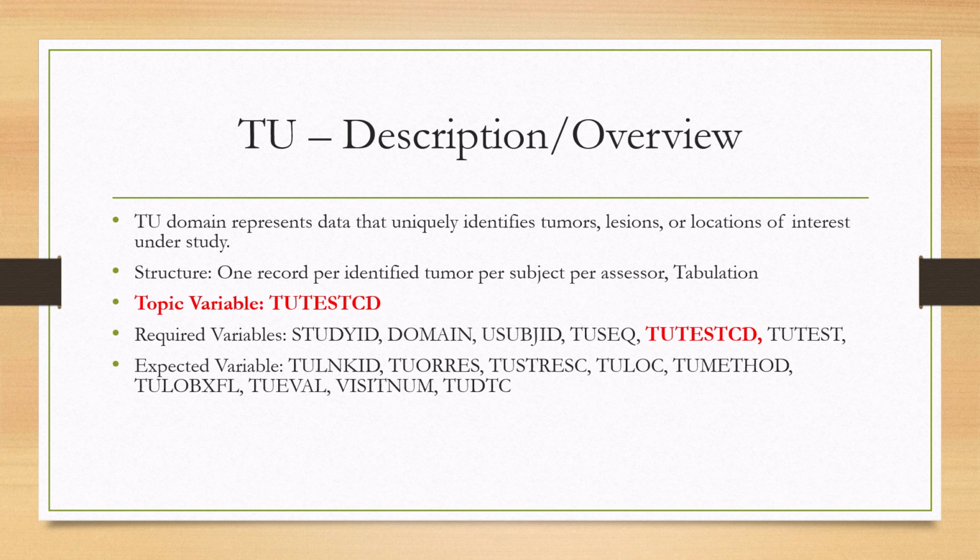Then we have the evaluator, VISITNUM, and the TUDTC variables as the expected variables. There is a long list of permissible variables, a few of which are mentioned here: TUGRPID, TUREFID, TUSPID, TULNKGRP, TUNAM, TULAT, TUDIR, and so on.